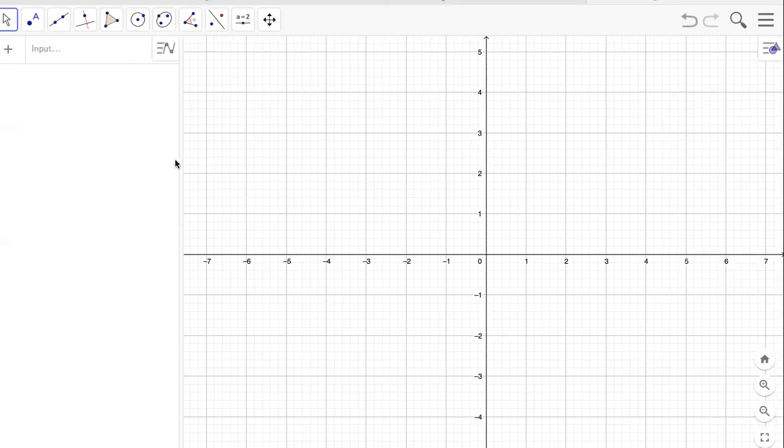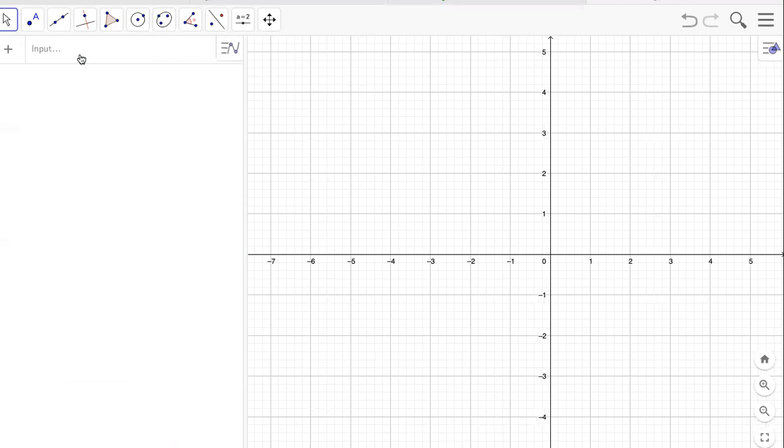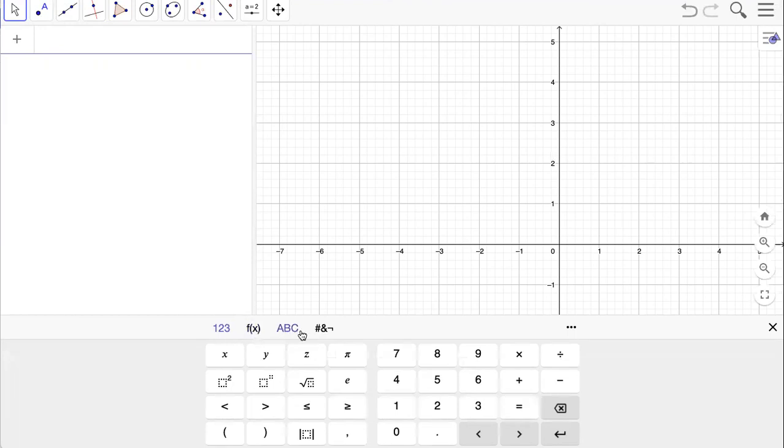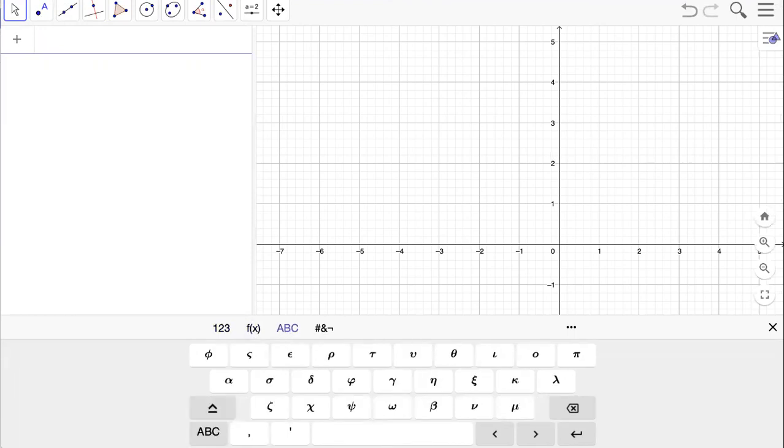Okay, now, so basically you have the algebra window, right? Up here. So you can click on this. Let me move up a little bit. Can you see? Okay. So you can click inside to introduce a variable theta. So you can use the keyboard, right? And find the Greek alphabet theta.